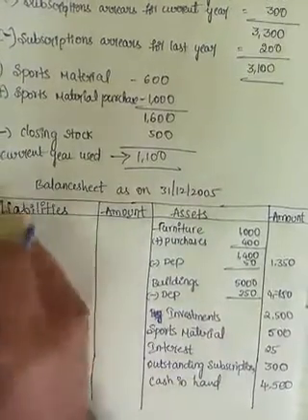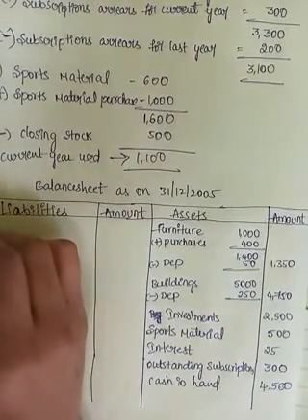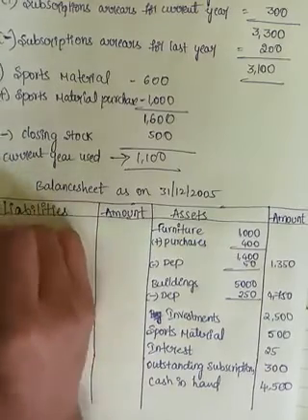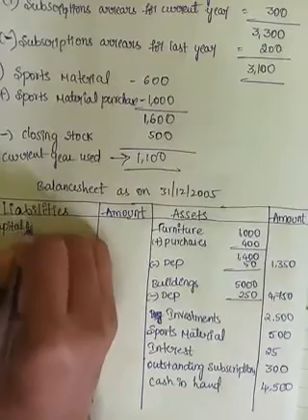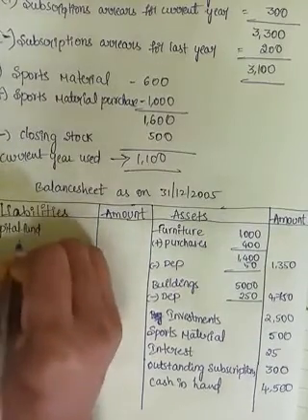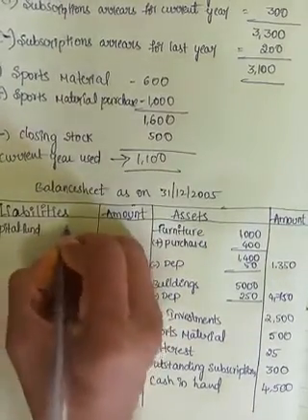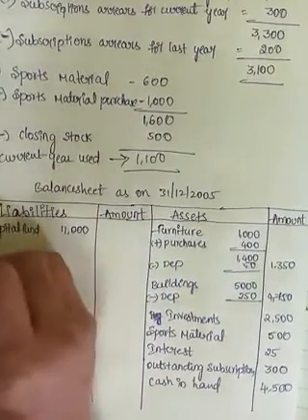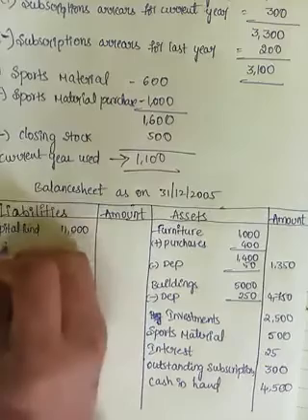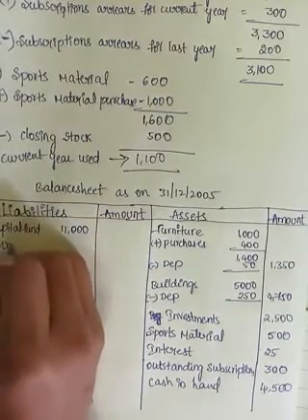Next, coming to the liability side, capital fund. How much is the amount of capital fund? It is 11,000. Add donations: half of the amount is to be capitalized, so that will be taken here.